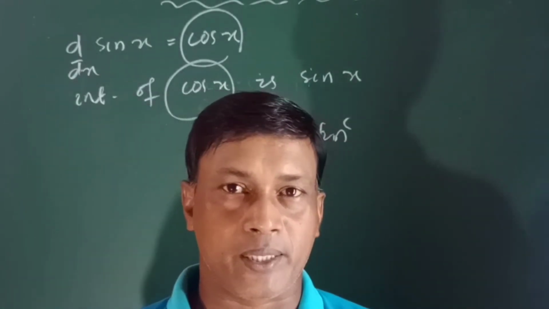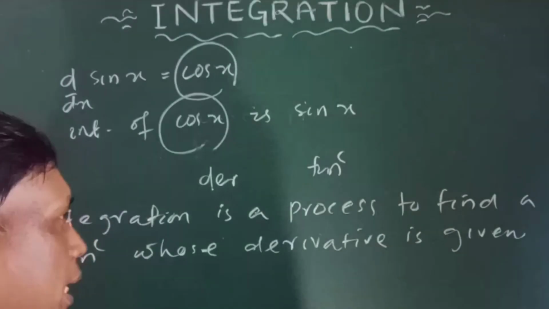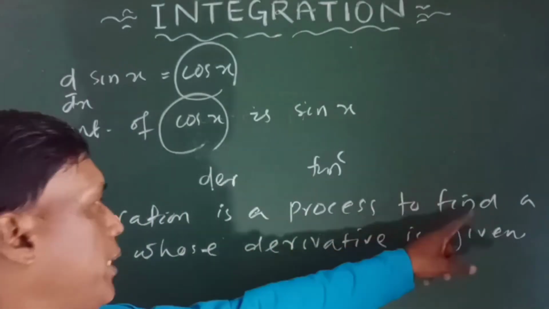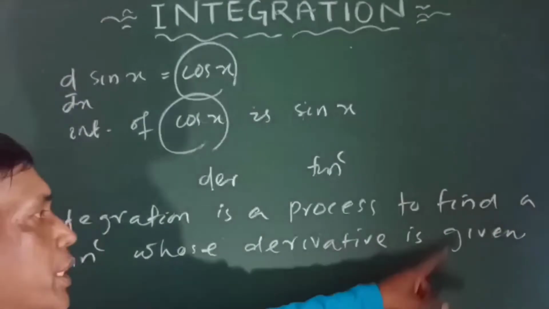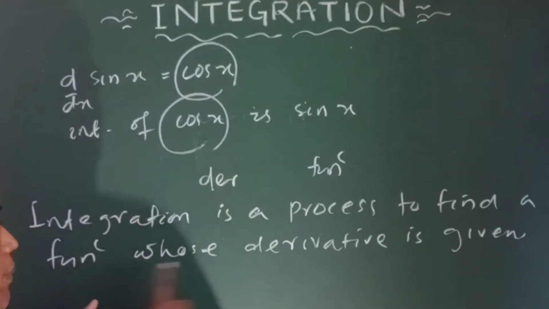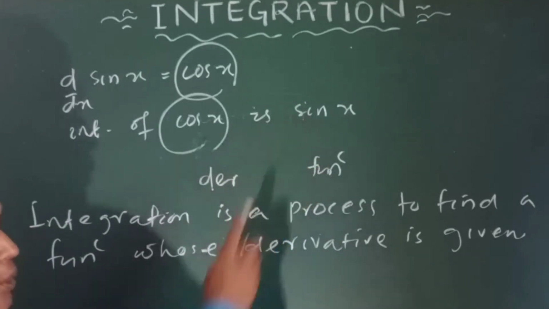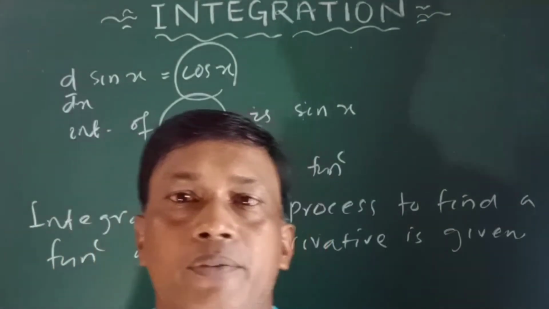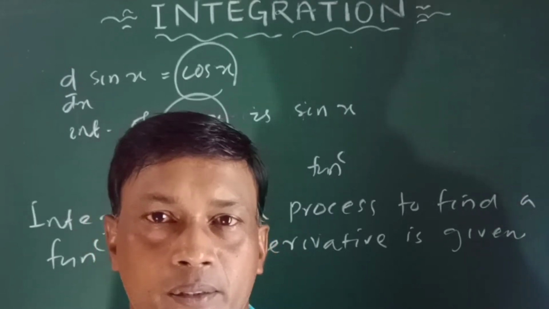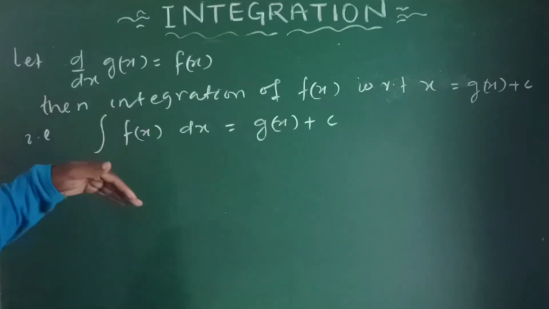Here cos x is given, that means the derivative is given, and we find sin x, that means the function. So another definition of integration is a process to find a function whose derivative is given.